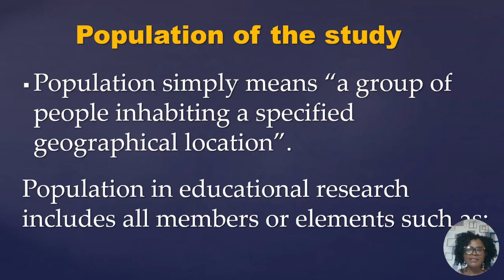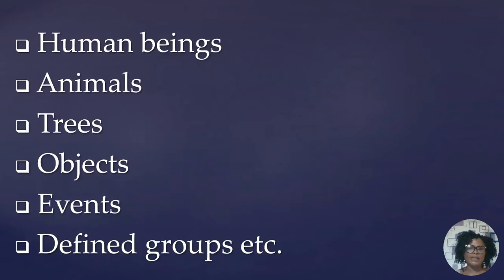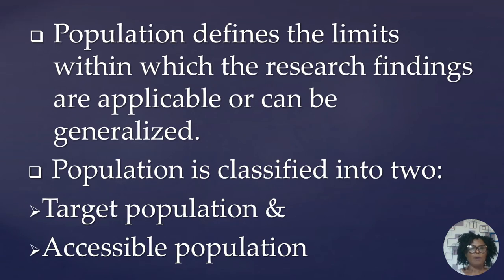Population in educational research includes all members or elements such as human beings, animals, trees, objects, events, defined groups, to mention but a few. Population defines the limits within which the research findings are applicable or can be generalized.